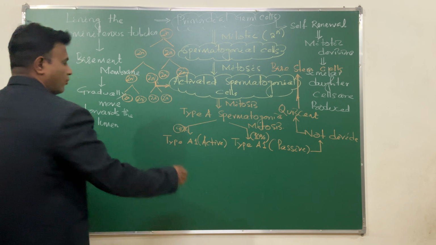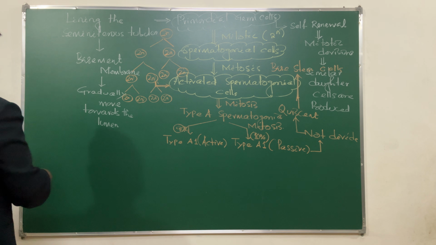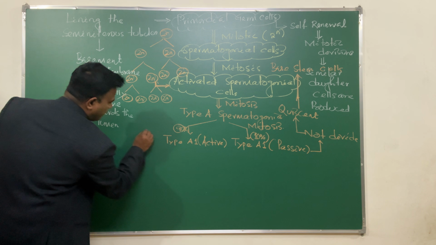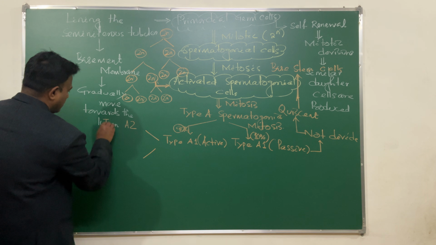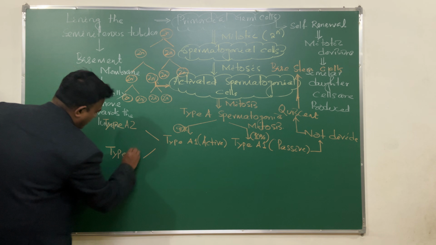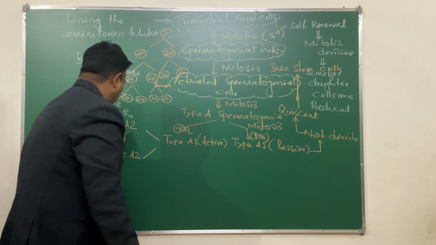Once this type A1 divides, it goes on producing A2, then sequence, try to understand. I will draw there also, like this. Type A2, here, type A2. This A2 again behaves the same. Active, passive.